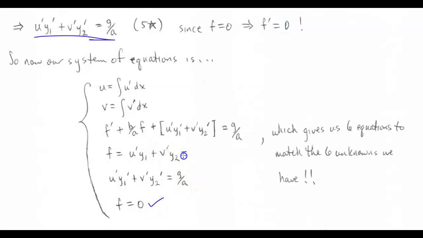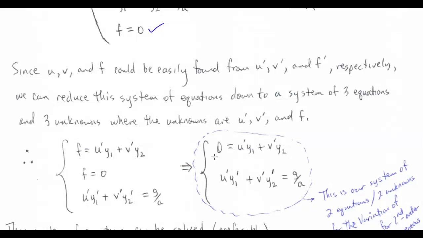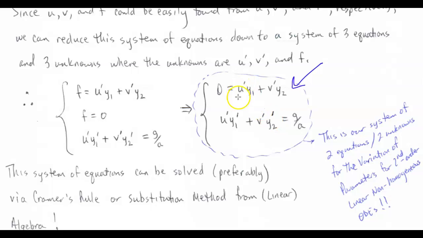So that means this is going to be equal to 0 as well. And what this boils down to is these two equations here. And this is what you see when you talk about variation of parameters done the traditional way.